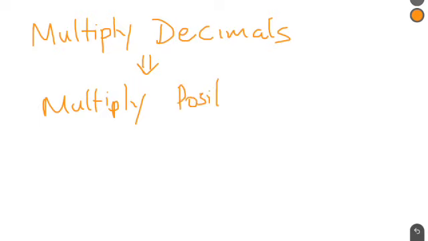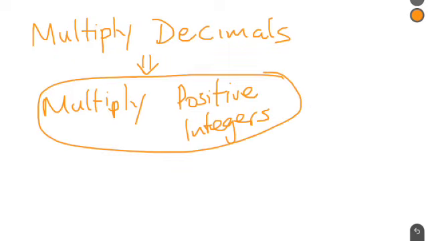The only difference is that now you have the decimals, the numbers that come after the decimal point. So we'll see how we multiply decimals here. And at the same time, maybe we'll get a refresher on how to multiply positive integers.